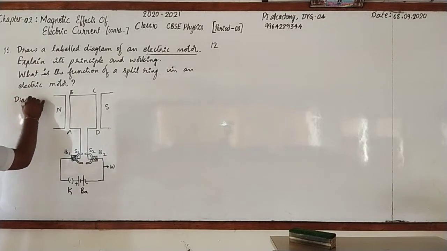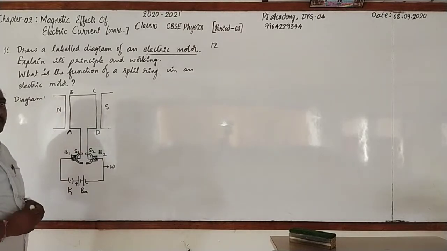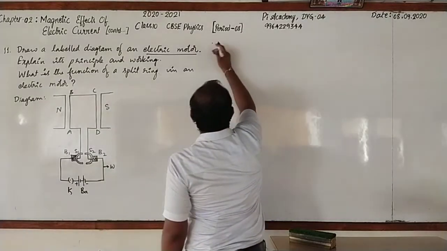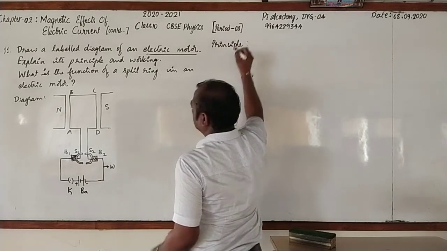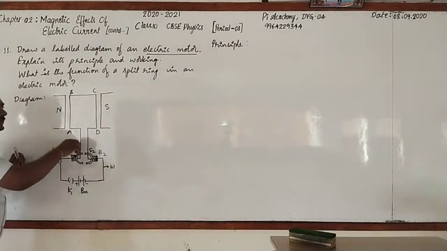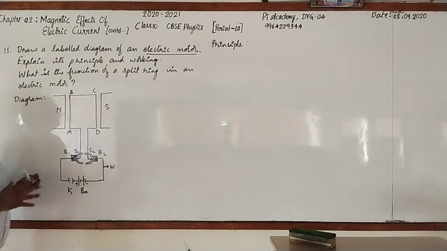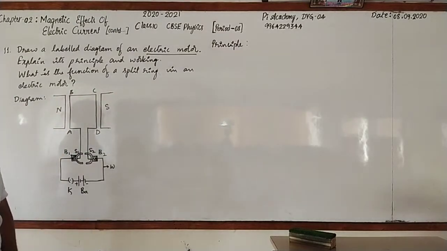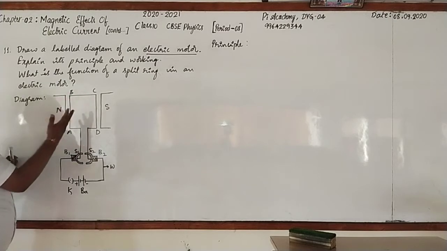Next, explain its principle. What is its principle? Dear students, we all know that when a conductor carrying current is kept in the magnetic field, it experiences mechanical force. Here also, when the current flows through this, it starts rotating.